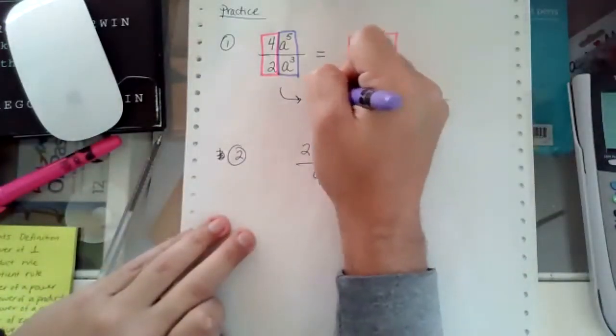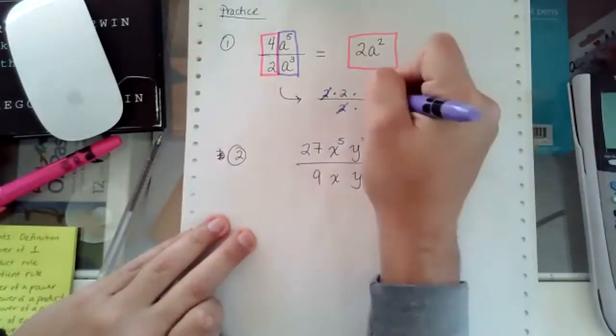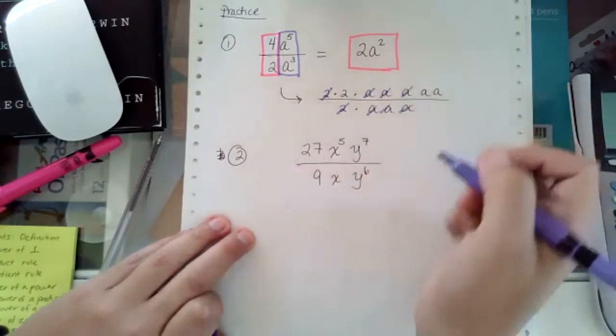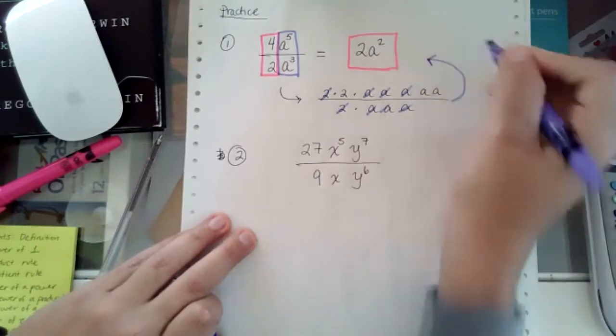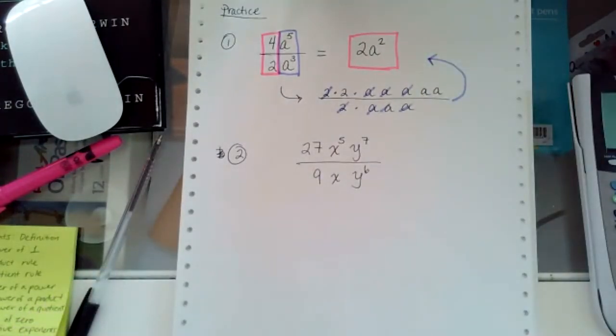So we have these 2's cancel, these a's cancel, and so you have 2 and then 2 a's left over. Right? So it makes sense if we just go back to the definition of exponents.